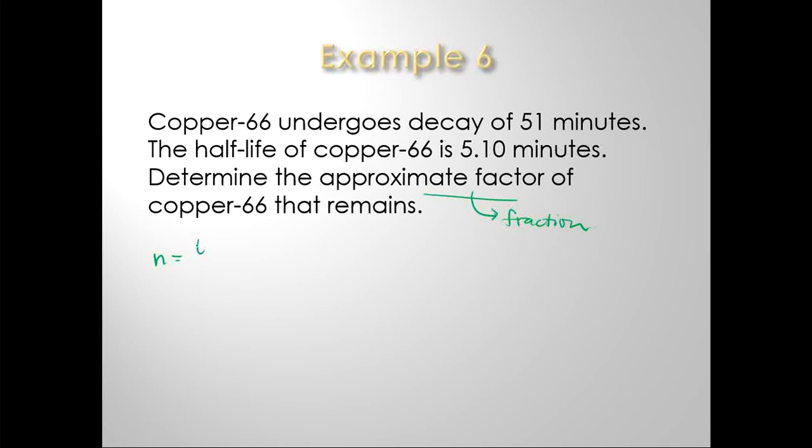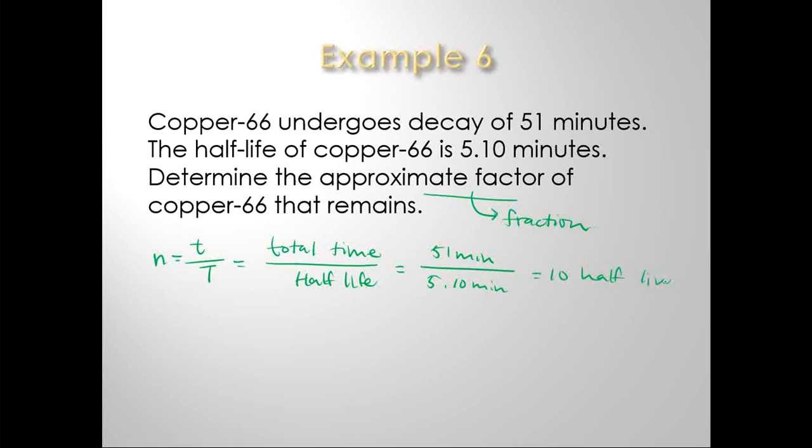Using the formula from the very beginning of this video, it really just means total time over the half-life. That's what we've been doing in these previous problems. So we have 51 minutes total time divided by the half-life, which is 5.10 minutes. So that's a total of 10 half-lives that copper-66 just went through.